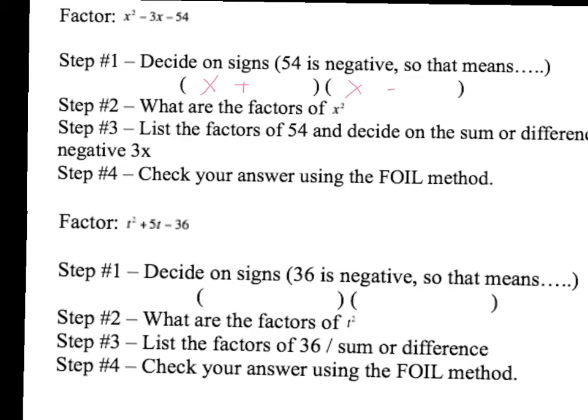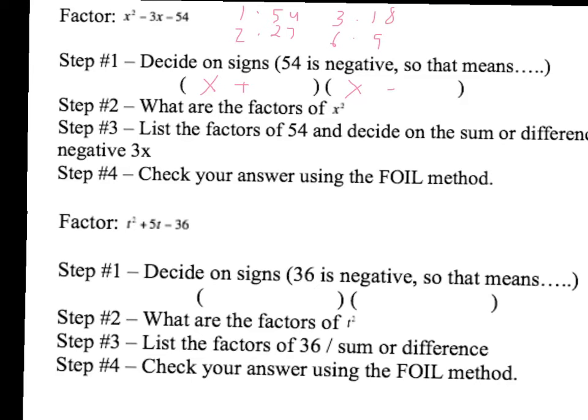So now we want to list all of our factors of 54. 1 times 54, 2 times 27, and 3 times 18, 4 times nothing, 5 times nothing, 6 times 9, and that's it, those are the four.